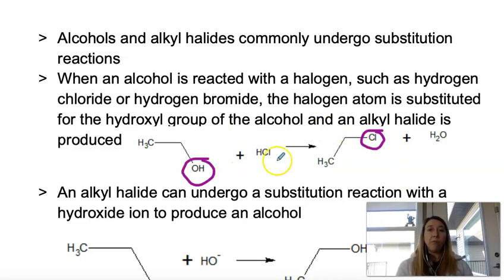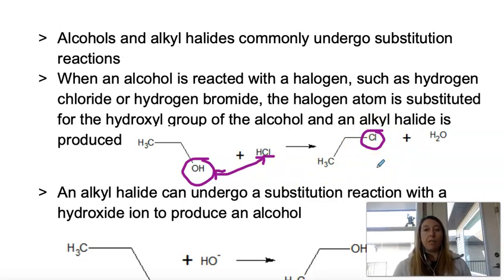So if we look at what happened, we added HCl, right? So it had that Cl component. And then basically this Cl and this OH just swapped spots, right? And so now over here we have water because H with an OH is water. And now we have the chlorine in place over here.